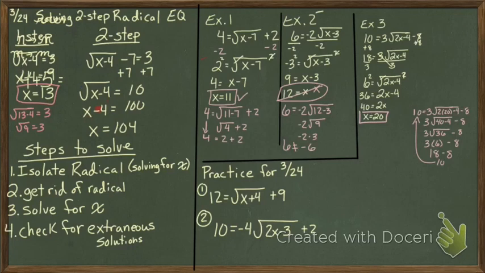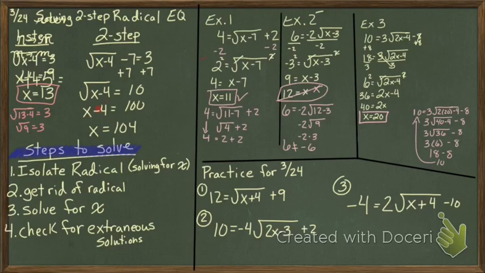And then the third problem is going to be negative 4 equals 2 times the square root of x plus 4 minus 10. Okay, so as you're going through these, make sure that you are following the steps that we talked about over here, and make sure that you're doing the extraneous solutions.